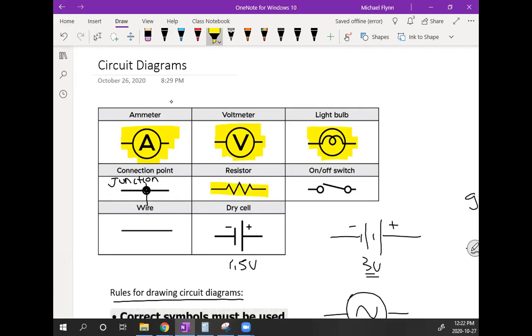A resistor, okay, is a jagged line, okay? We've already covered junction, but a resistor is a jagged line. An on and off switch looks like that. A straight wire looks like this. A battery looks like that, except this is one cell of a battery. They can be joined together to make more than one cell, and we usually label the voltage at the same time.